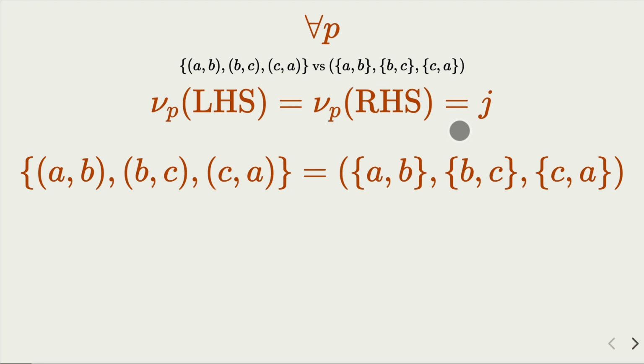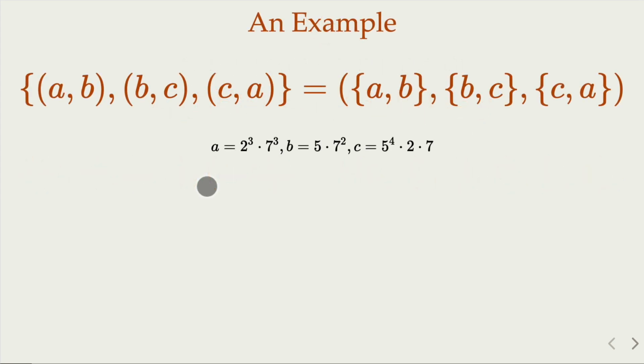So here we understand the importance of the notation, so that the argument is easier to understand. Let's look at an example here for A, B, C. Now, from our proof, we know that the left-hand side and right-hand side would have the power in the middle value, the j, remember?